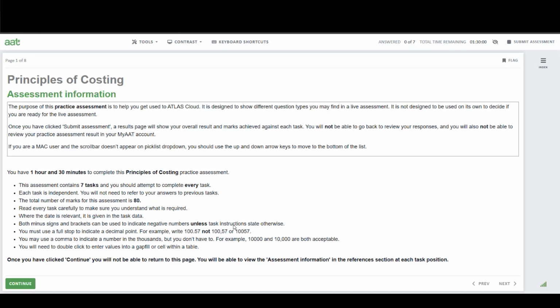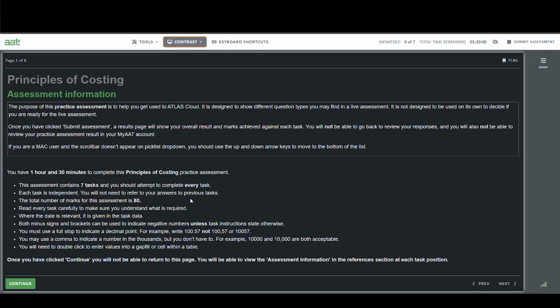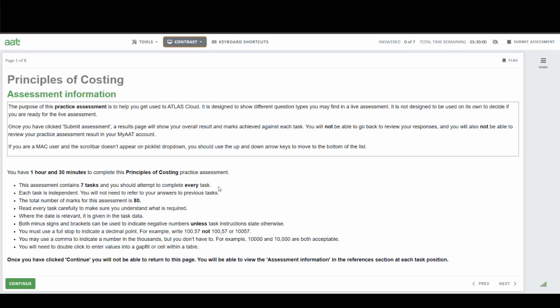cell within a table. Okay, just before we move on, you can change the contrast, you can change the appearance of this assessment. If you find reading black text on a white background difficult, then you can change the contrast at the top of the screen there. So, for example, we can change it to white text on a black background. This is something that I would have a play around with within the practice environment.